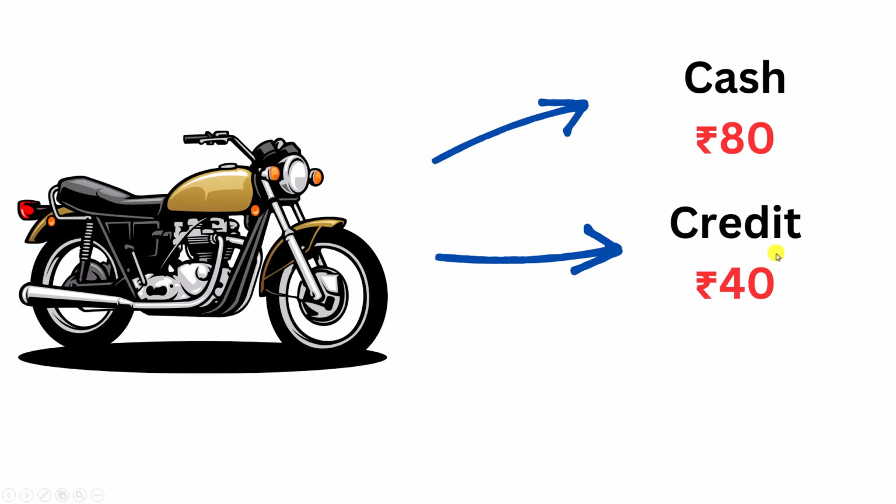Of course, the money will come to the company, but at a later date. Right now, this money is not with the company. The customers have not paid 40 crore rupees to the company. It will come, but sometime later.